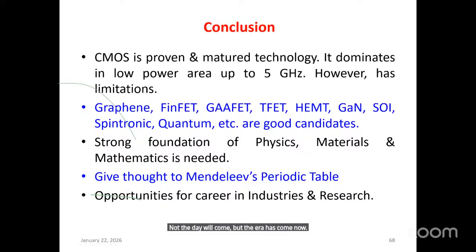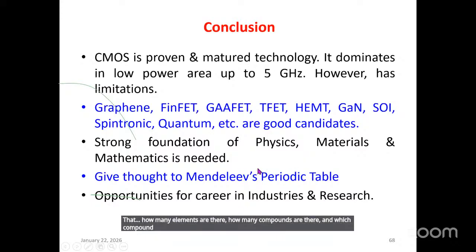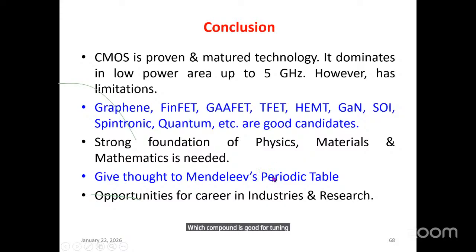The designers are really sitting with Mendeleev's periodic table, looking at how many elements and compounds there are, and which compound can offer a better value of epsilon r, which compound is good for the tunneling effect. In this way, the materials are chosen and the devices are invented.